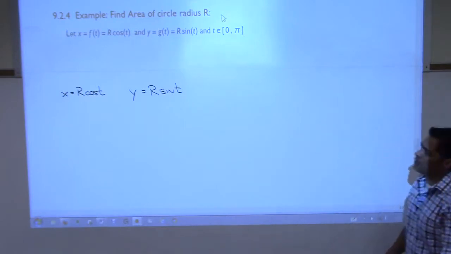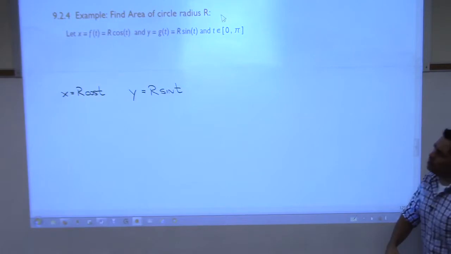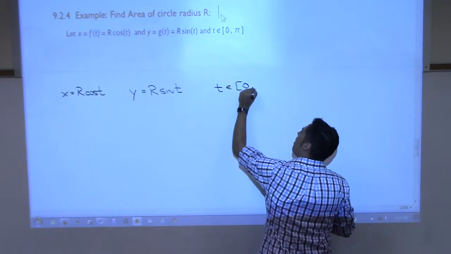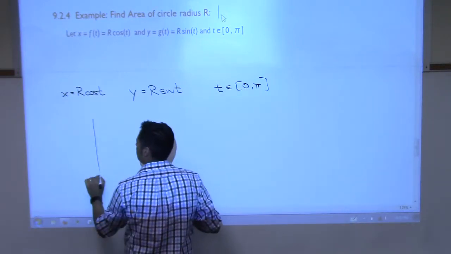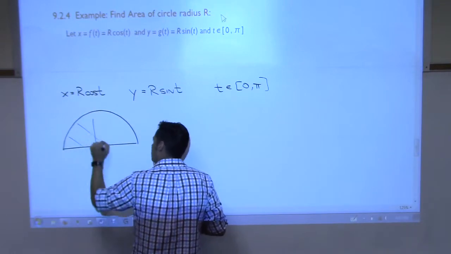So that's going to draw me a circle, correct? Radius capital R, but I would need my t to go from 0 to 2 pi for it to draw the whole circle, right? I'm only going to go from 0 to pi, and the reason why is because I only need the top half of the circle. Don't I? And I'm going to try and find this area.